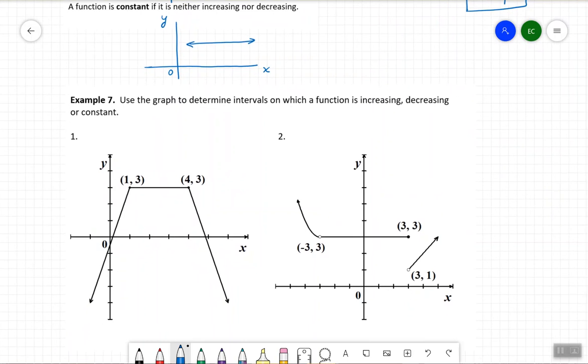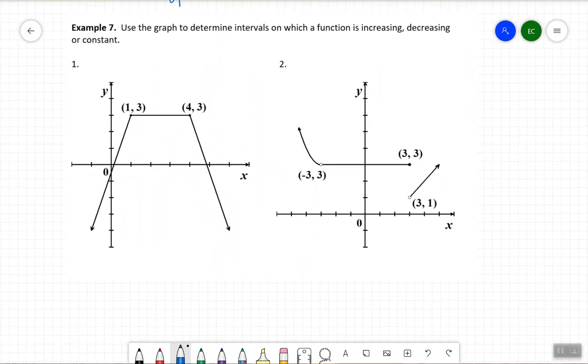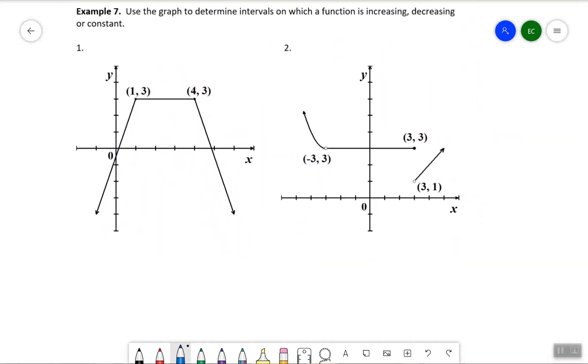So let's go ahead and look at this last example here. Let's just determine the intervals where the function is increasing, decreasing, or constant. And so we're going to work from left to right. On this first section, maybe it's good to cut the graph up.